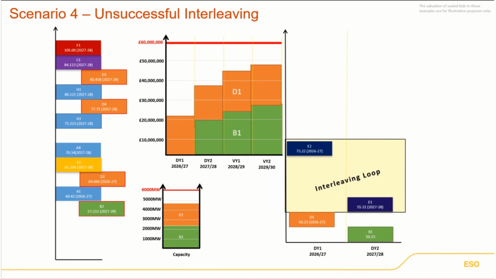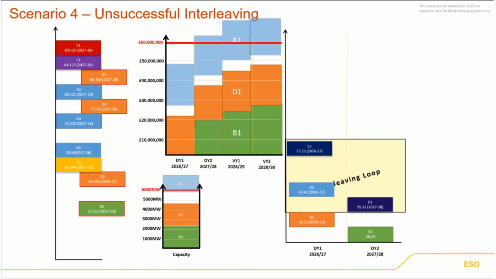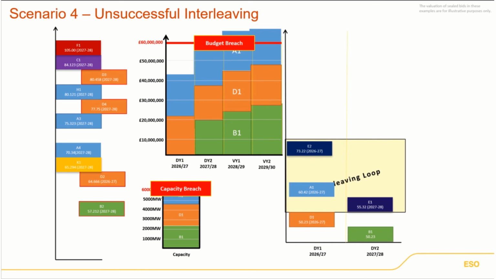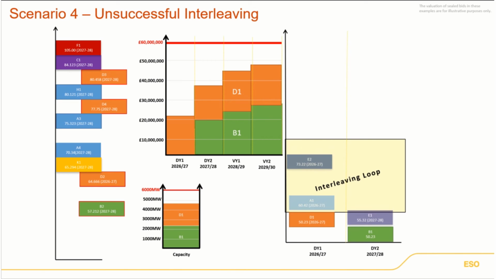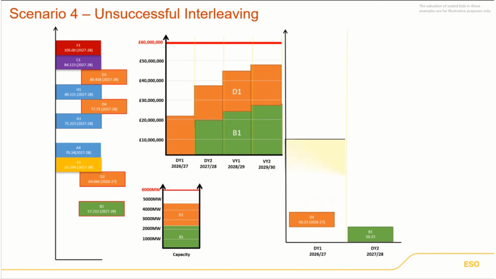Firstly, we will assess bid A1. A1 breaches the budget in terms of monetary and capacity. Interleaving is therefore unsuccessful without the consideration of the other bids in the loop, and the auction must close.